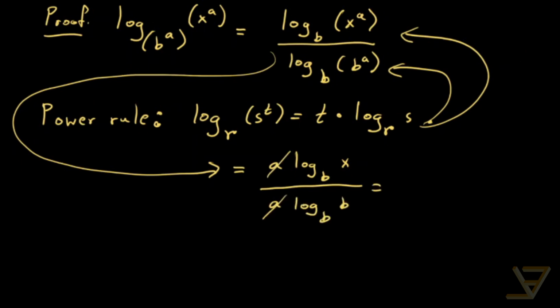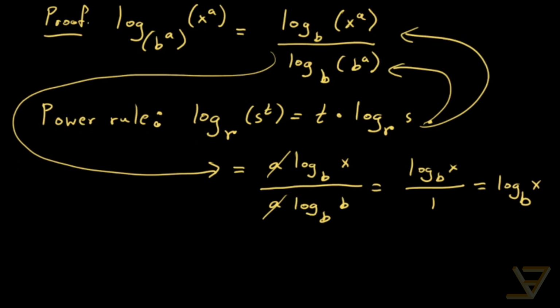The a's cancel out, and we get that log b of x over 1 is equal to this expression, which is just log b x as desired.